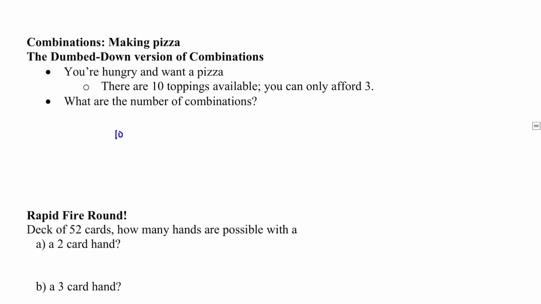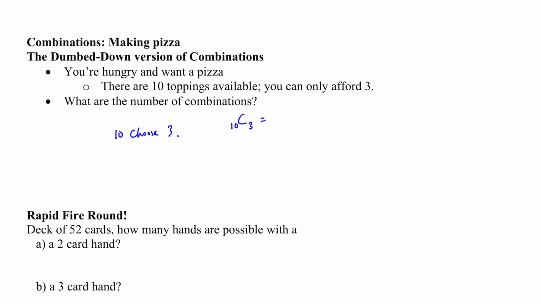So you can think of this as you have 10 and you're looking to choose 3 of them. And notice it wouldn't be different if you asked for pineapple and ham, or ham and pineapple. The order doesn't matter when you call in for this order. So order doesn't matter.